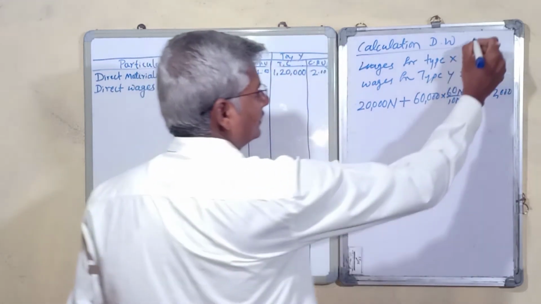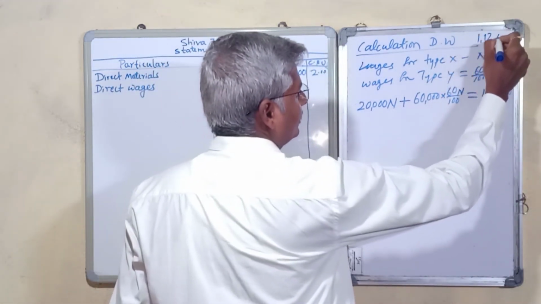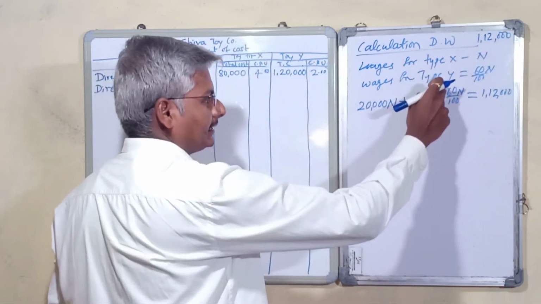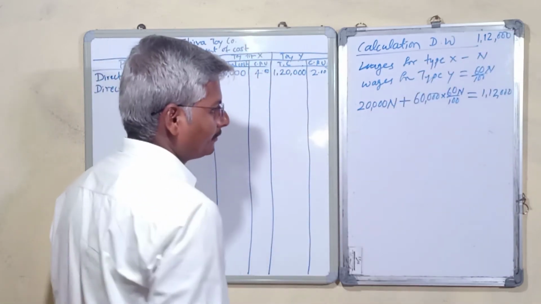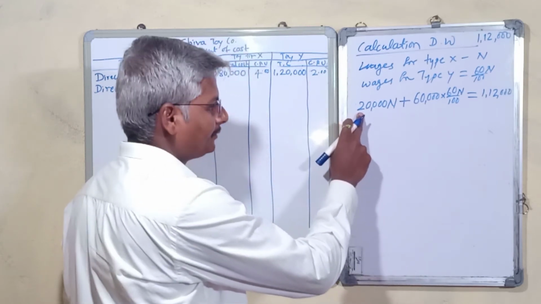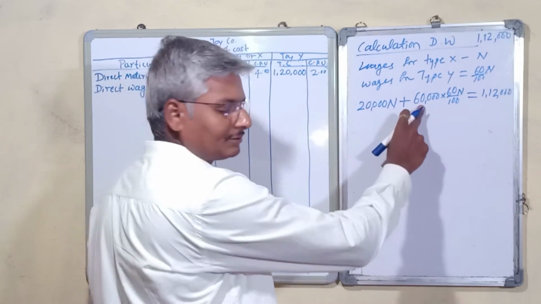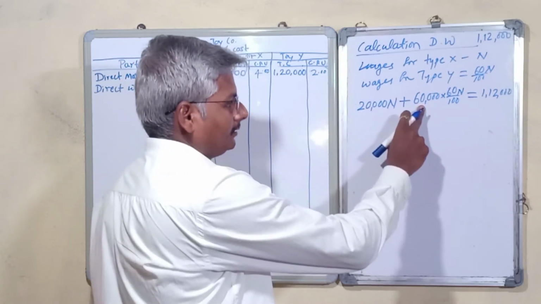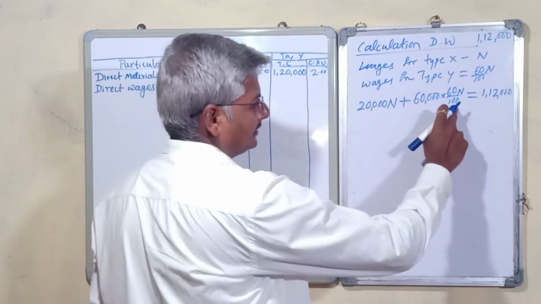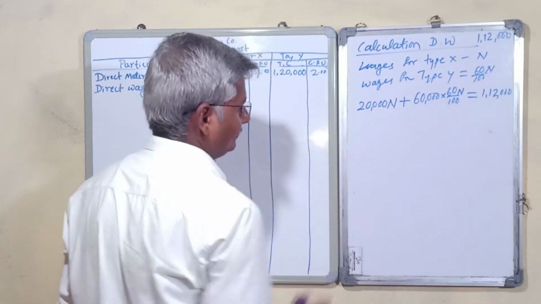So here the 1 lakh 12,000 is to be allocated to type X and type Y. We produce 20,000 units for X and 60,000 for Y. Then this is the wages of X and this is the wages of Y.